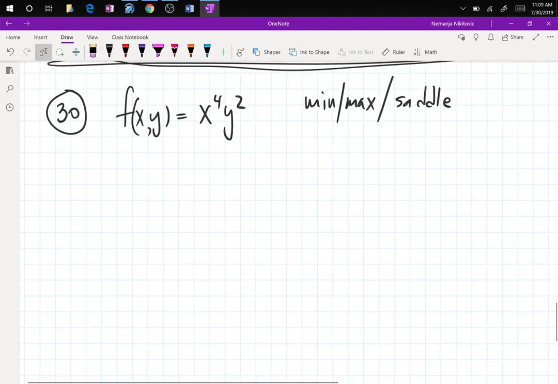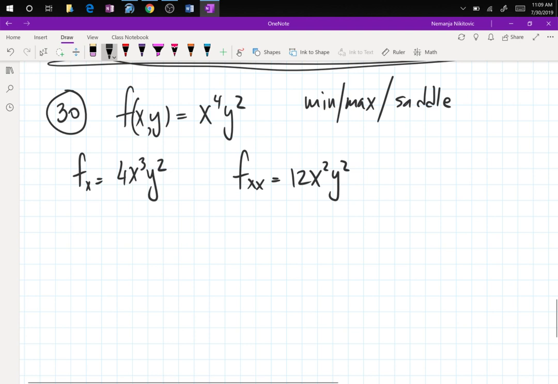Well, we have our 5 derivatives to find. The derivative fx is 4x cubed y squared. Derivative fxx is 12x squared y squared. Partial derivative in respect to y is 2x to the 4th y, and fyy is going to be 2x to the 4th.